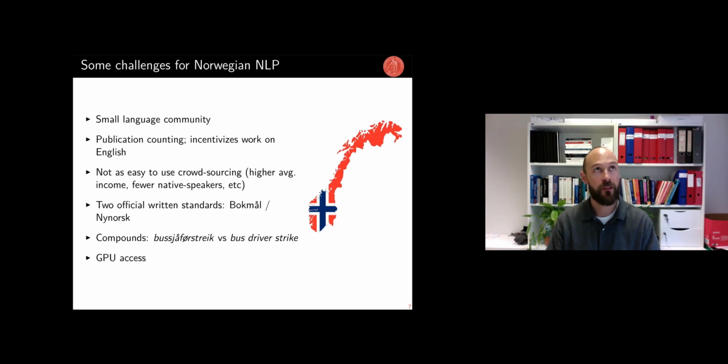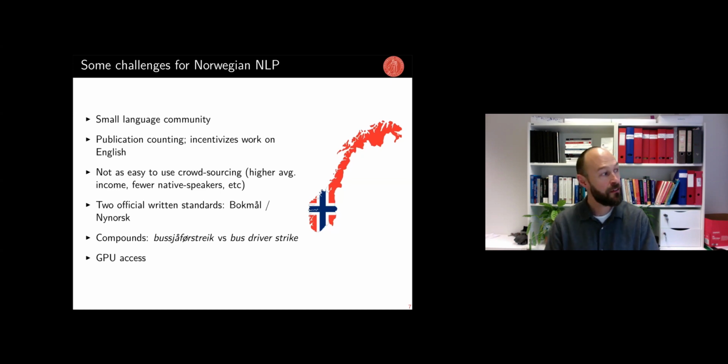It's maybe not the most central point, but it still holds true that in terms of using crowdsourcing, for example, to create resources, even that is more difficult for Norwegian as a small language community, because we have fewer native speakers, and also because most Norwegians have a high average income, which is a good thing, but that means you're not going to see many Norwegian native speakers wanting to sign up to do annotation work on platforms like Mechanical Turk and so on.